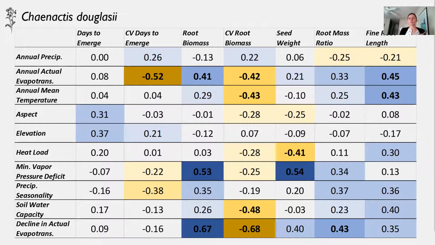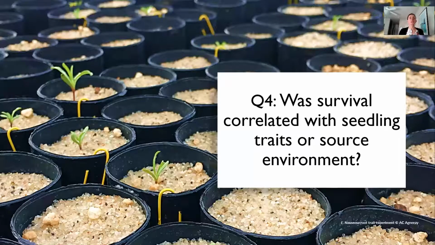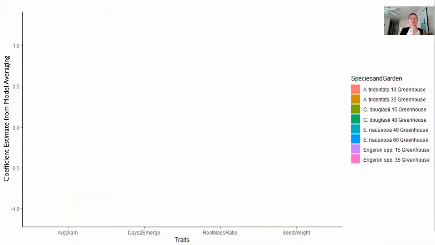So going one step further, I do want to ask my last question, which was, were these seedling traits or any of the environmental variables also correlated with survival, not just with each other? Here are the results for the shrub and forb taxa, where we're considering which root traits were associated with survival with cheatgrass.